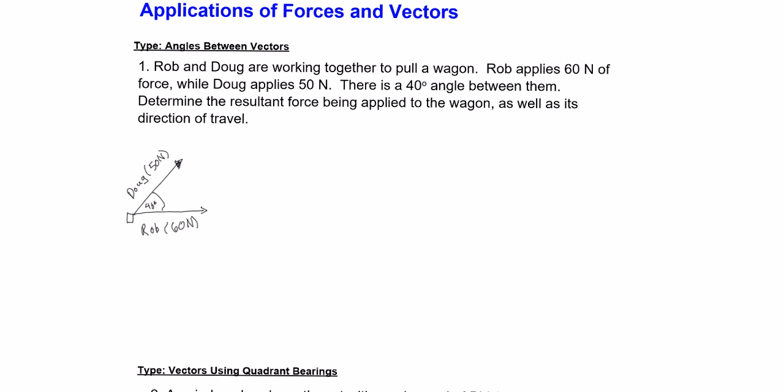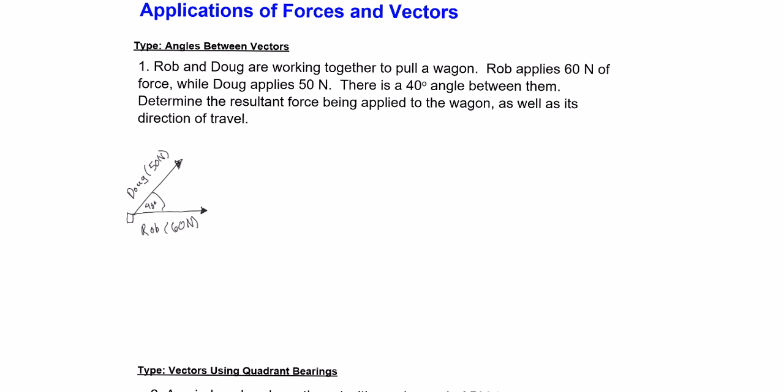So in order to create an additive vector between these two, we have to take this vector here and copy it in parallel and just put it at the end of this vector.